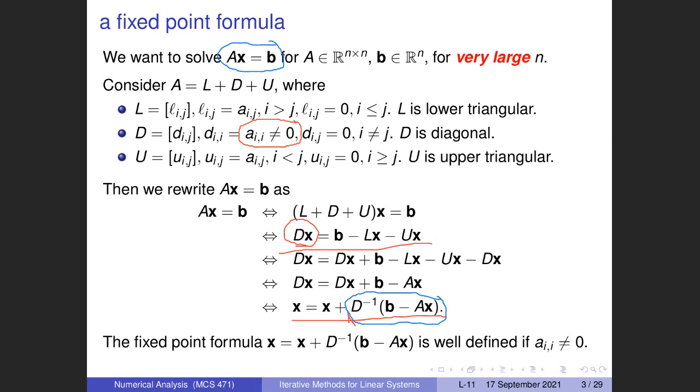You can see that if we have a converging method, the forward error will get smaller and smaller, and that's closely related to the backward error, the residual. So we have our fixed point formula that is again well defined if all diagonal elements are different from 0.